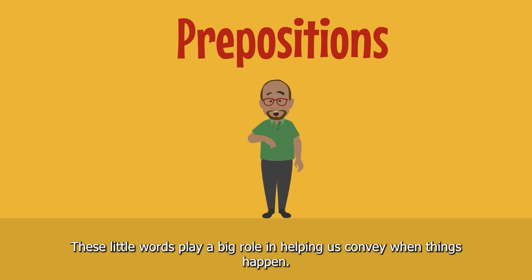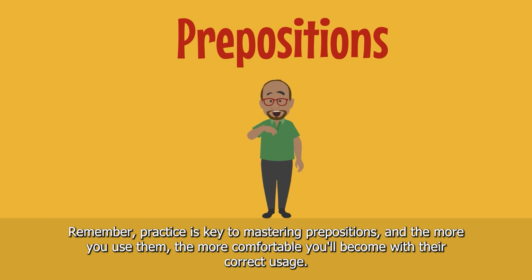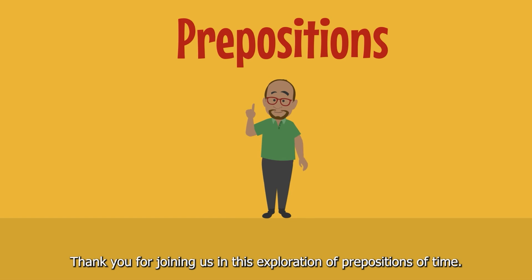These little words play a big role in helping us convey when things happen. Remember, practice is key to mastering prepositions, and the more you use them, the more comfortable you'll become with their correct usage.